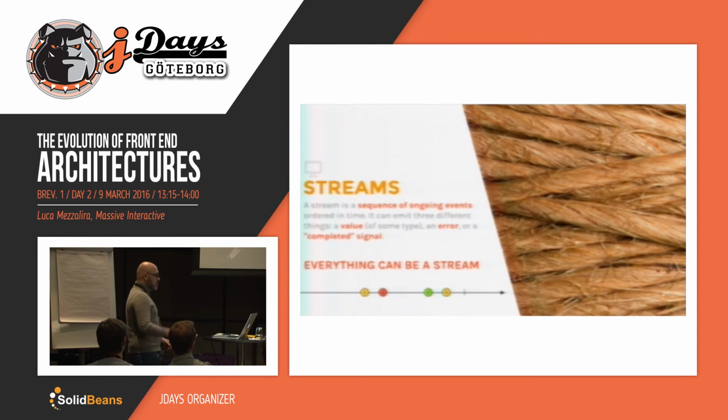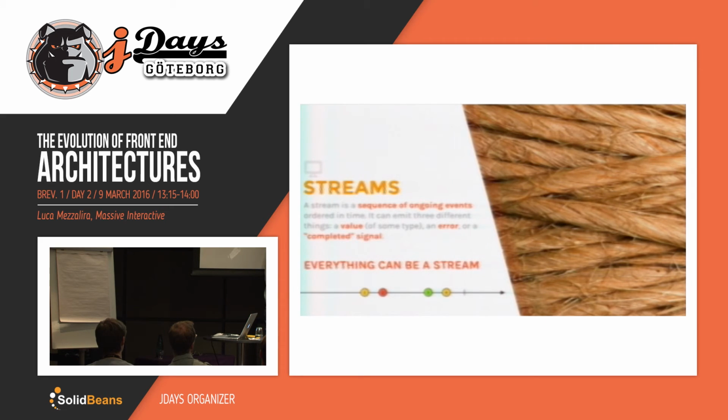So, streams. First of all, on the bottom, you can see a marble diagram. It's how you express a stream when you want to talk with someone. A stream is a representation of time, and we have the time expressed in this line.